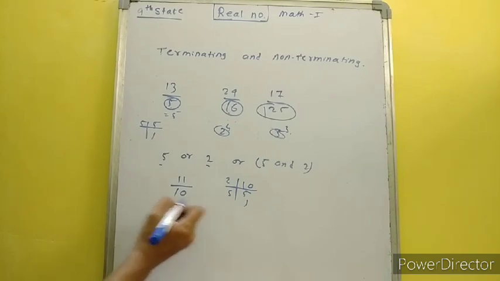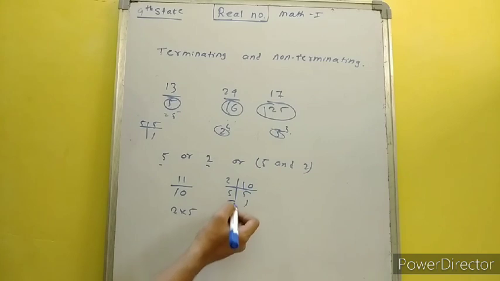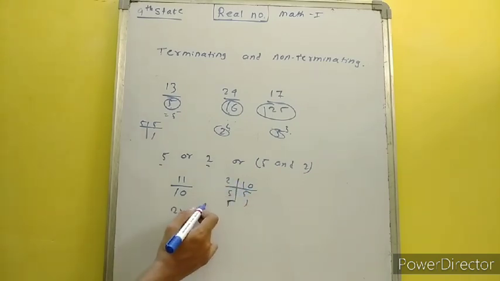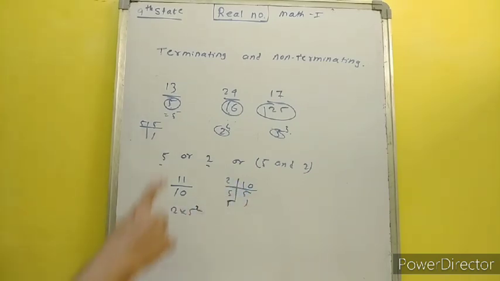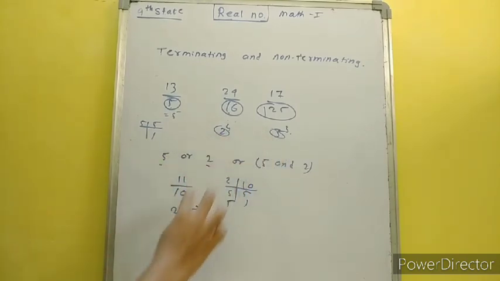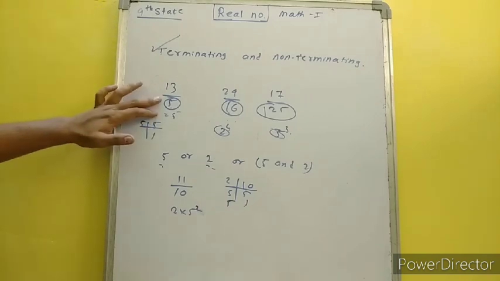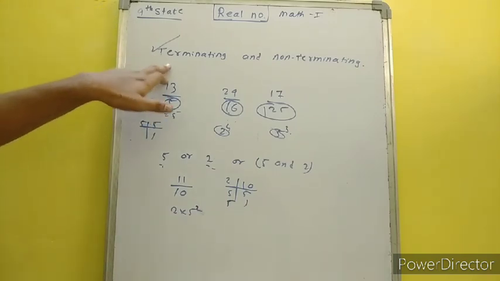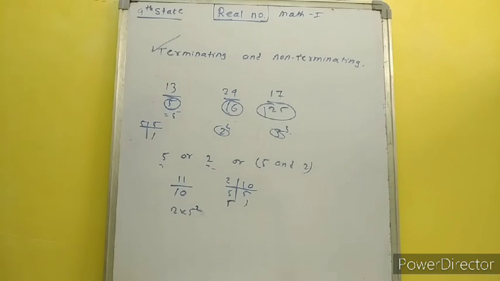We have 2 into 5. Or suppose we have 5 into 5 into 10, so we can say 2 into 5 raised to 2. So we have only 5 or only 2 or both. Then we can say that the numbers which have the denominator as factors of 2, 5 or both are terminating decimals. We just need to see the denominator, and with the help of the denominator we can say whether it is terminating or non-terminating.